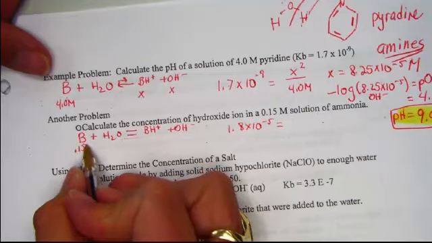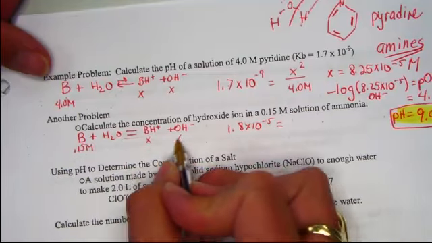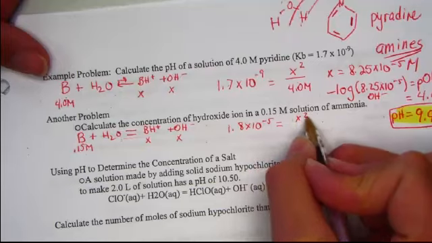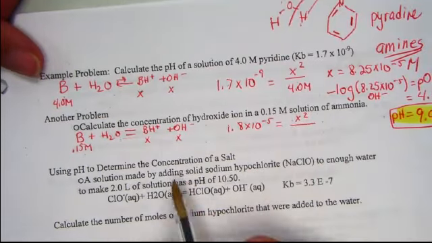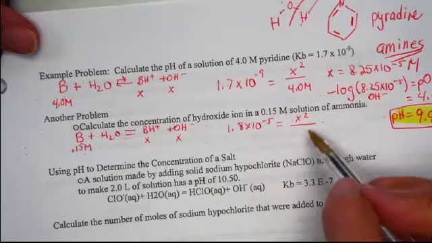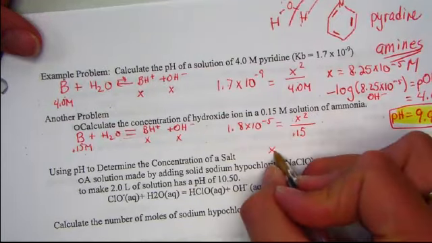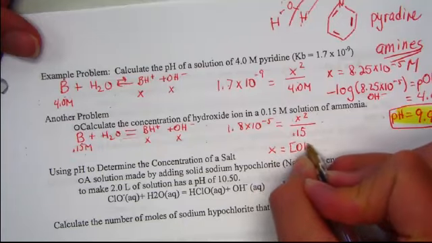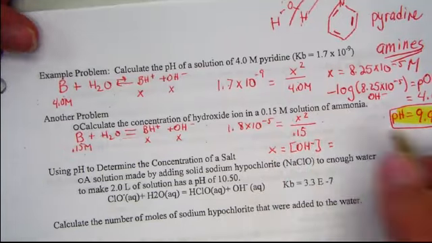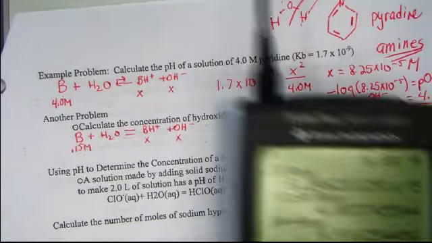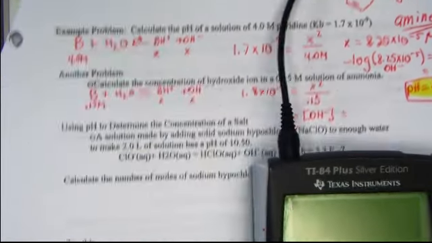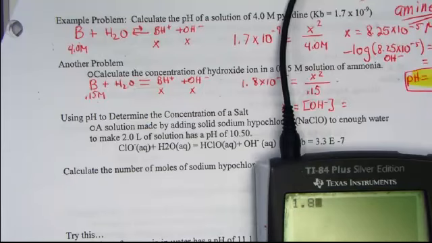So if the original solution was 0.15 molar, letting the X stand for the hydroxide concentration and also the conjugate acid concentration, we have X squared on the top over 0.15. Let's pull out X, knowing that that represents hydroxide concentration. 1.8 E negative 5 times 0.15 is X squared.